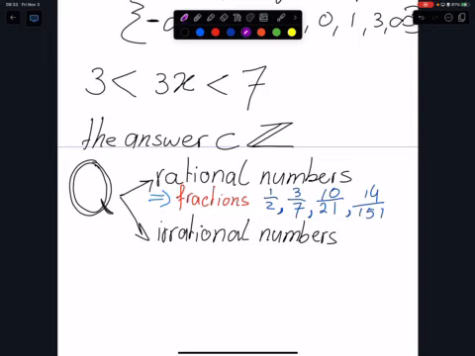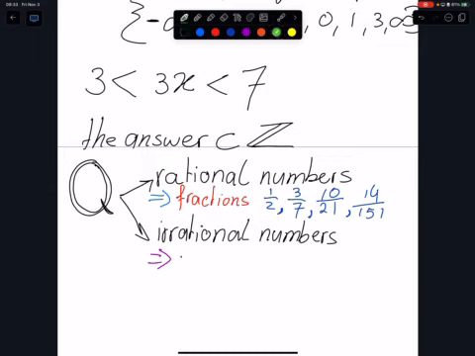Irrational numbers could be better understood as numbers that cannot be written as a fraction. It is not possible for these numbers to become a fraction.